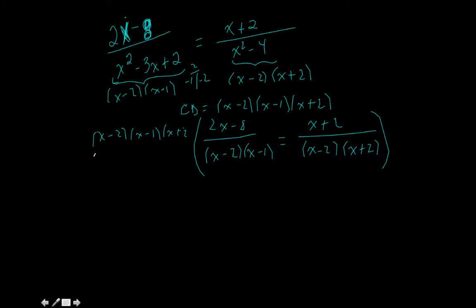Okay, so when I multiply these 3 and I divide by these 2, the one I'm left with is this one, x plus 2. And when I take these 3 and divide by these 2, I'm left with this one.